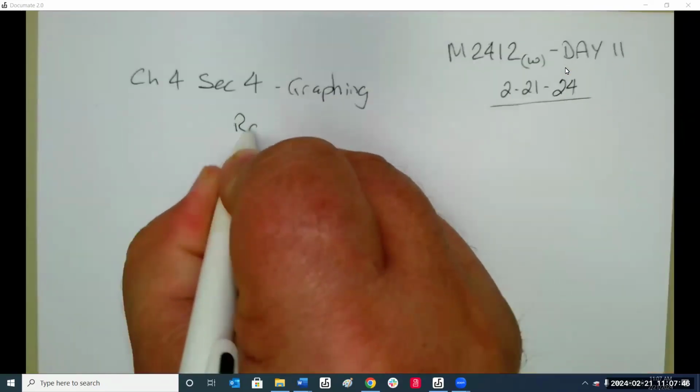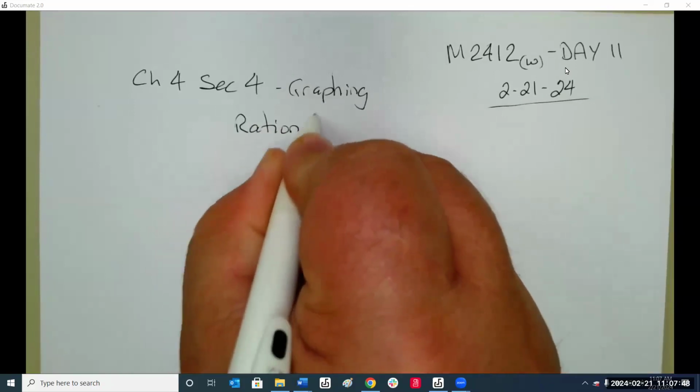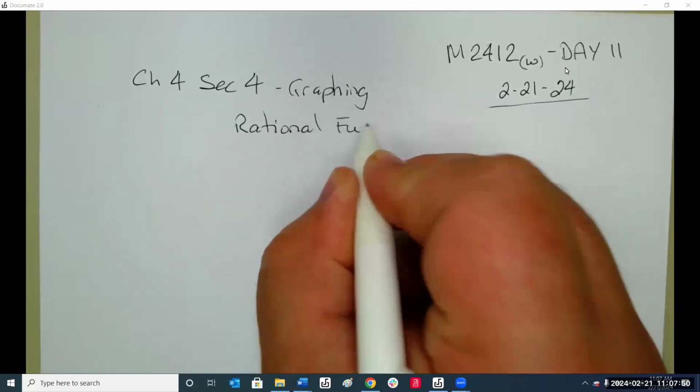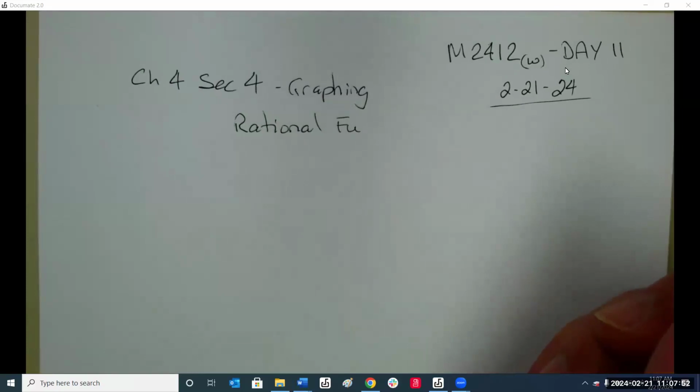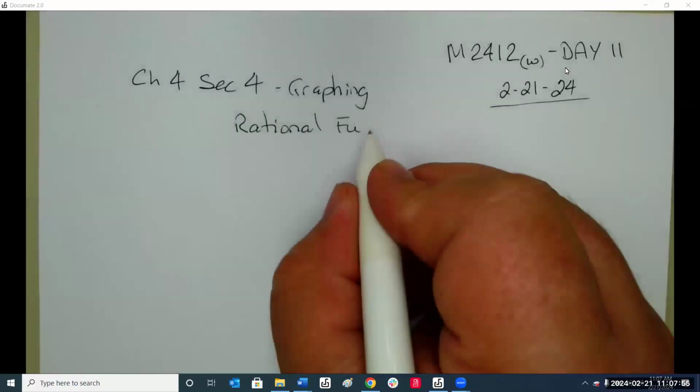Graphing rational functions. Rational polynomials, rational functions.